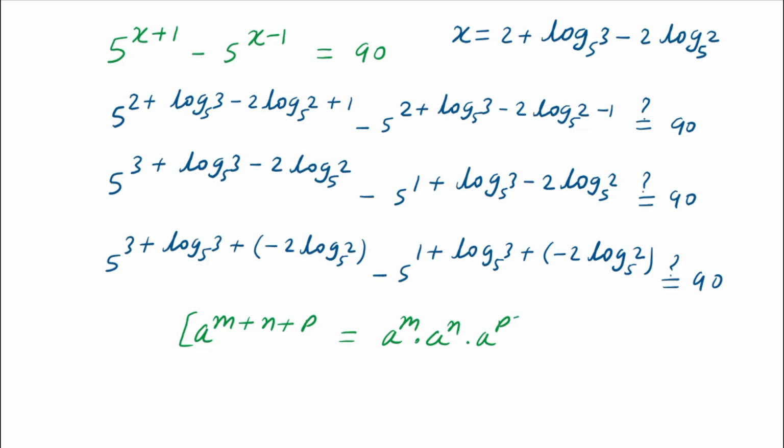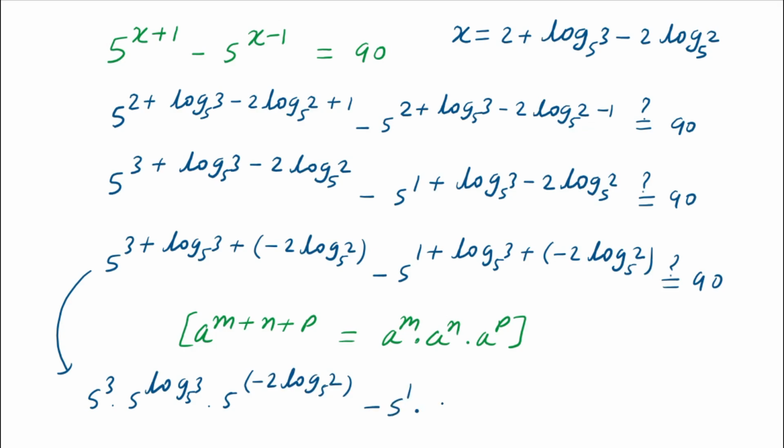According to this rule, we can write the equation as 5 power 3 times 5 power log 3 with base 5 times 5 power minus 2 times log 2 with base 5, minus 5 power 1 times 5 power log 3 with base 5 times 5 power minus 2 times log 2 with base 5, equal to 90.